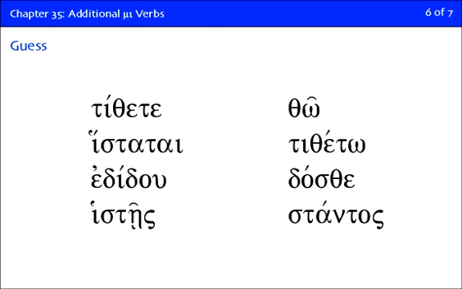Edidou. Now these are getting a little complicated, so if you're struggling, that's okay. Okay, you have a present stem, don't you? Because you have the reduplication, but you also have an augment. So when do you have an augment with the present tense stem? Imperfect, right. Then all you have to do is figure out what crazy kind of combination. How do you get an omicron upsilon when the first vowel is an omicron? Well, there's two ways to contract to get omicron upsilon, right? It's omicron omicron, or omicron epsilon.